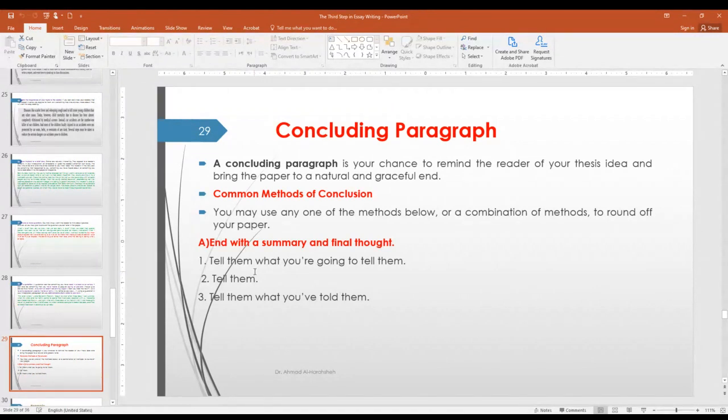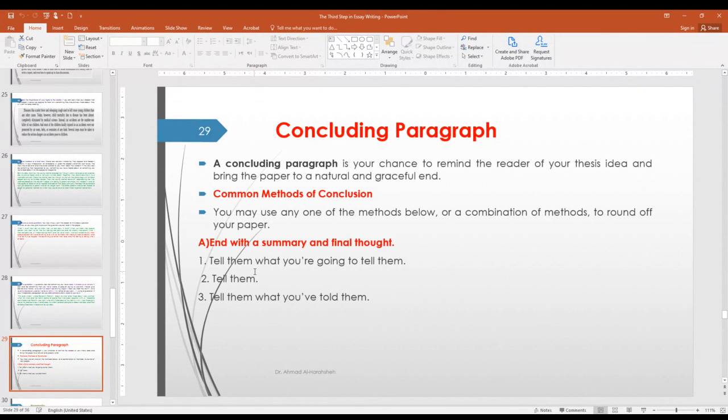It's the same: we have an introductory paragraph, a body, so we have to have a concluding paragraph. Otherwise, it cannot be called an essay.